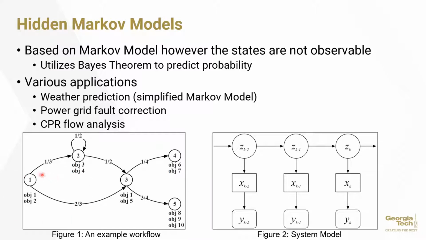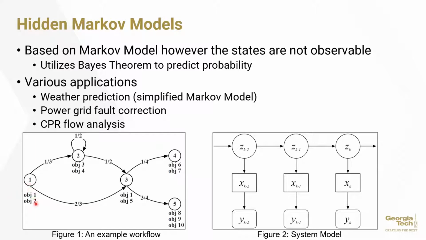So here in figure 1, we have an example Markov model workflow. Each of the numbers is a state, so state 1, state 2, state 3, state 4, and state 5. What we have is the objects that you observe in that state. Comparing it back to the CPR model, these objects could be something like the heart rate of the patient, or the audio transcriber that is being used and what words are being said.